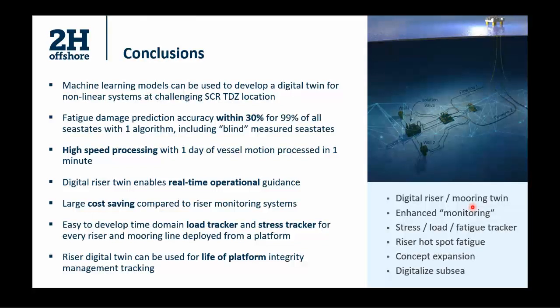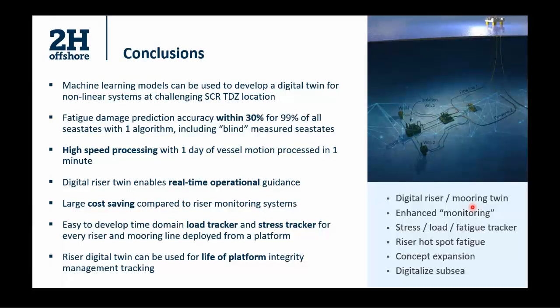Once a trained algorithm is obtained, this allows for high-speed processing, with 1 day of vessel motion processed in 1 minute. This allows for real-time operational guidance with large cost savings in comparison to conventional riser monitoring systems.